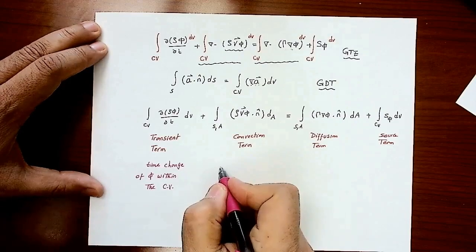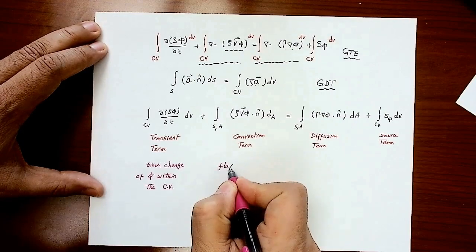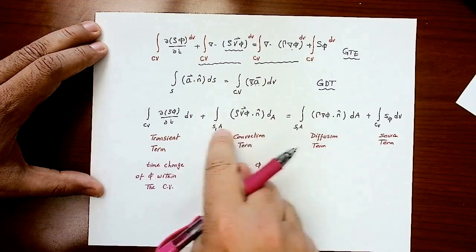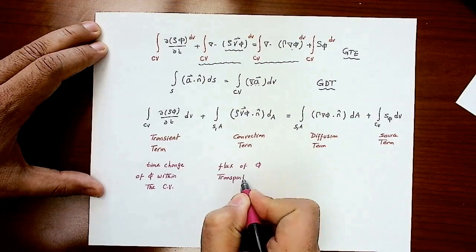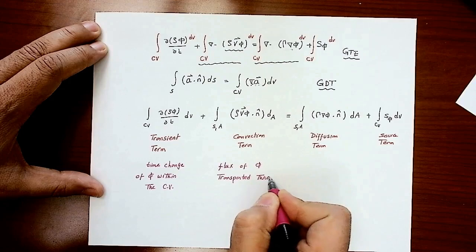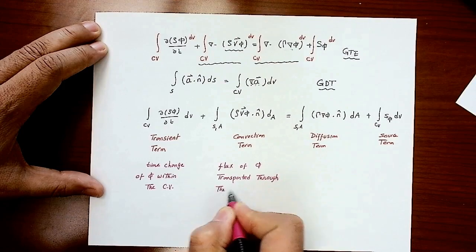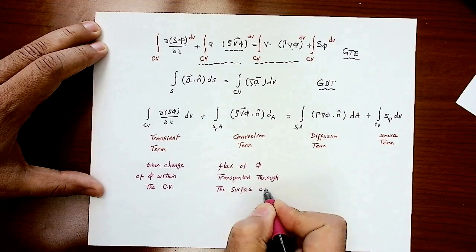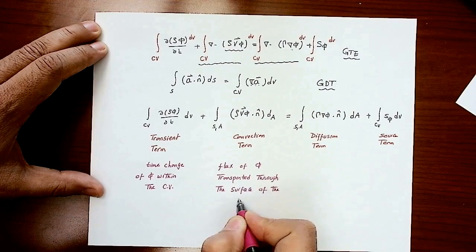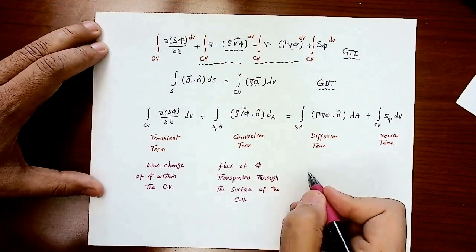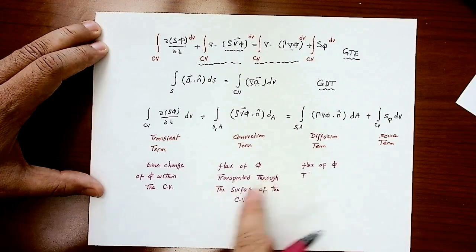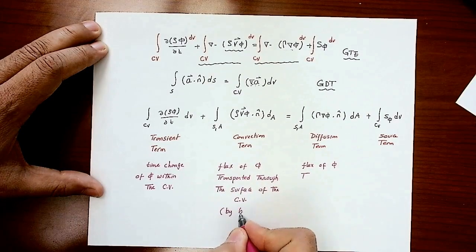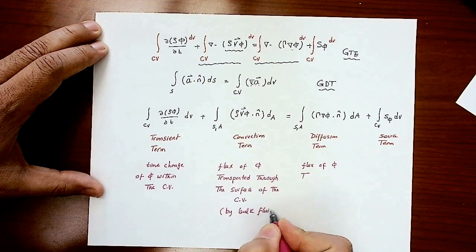It is equal to the flux of phi transported through the surface of that control volume. This is the flux of phi transported through the surface by bulk fluid motion. Keeping that in mind, this is the convection term.